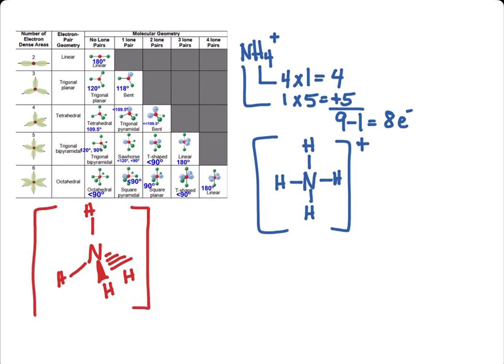I'm still going to use my brackets with the charge, and I have to name this geometry tetrahedral and a bond angle of 109.5 degrees. So when we describe the geometry, we should show the correct drawing, the name, and the bond angle. Let's take a look at the second example.